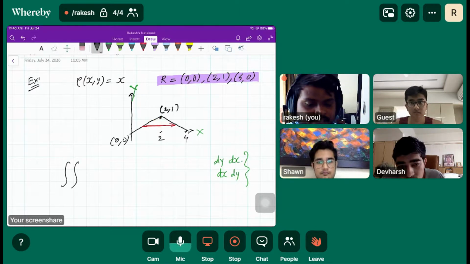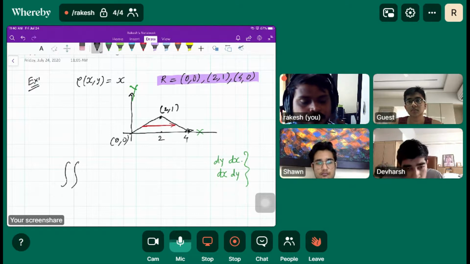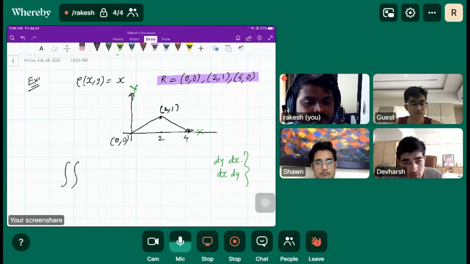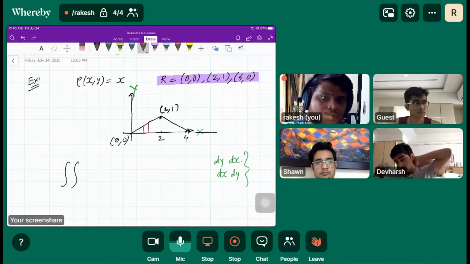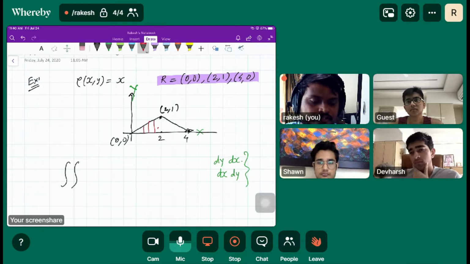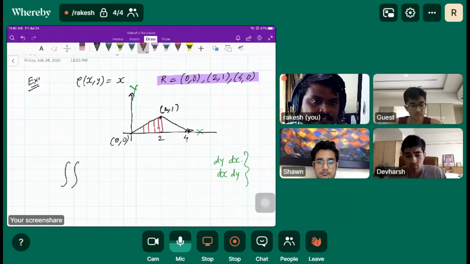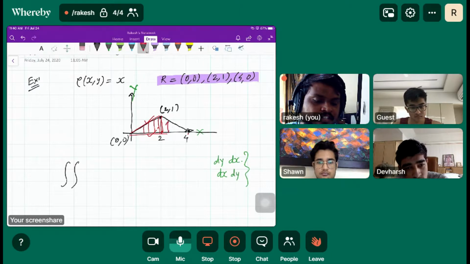Let me repeat. One criterion I've explained: if we go along a direction, the region should be between the same function throughout, it should not switch. But see, this is one line, this is one line, and after some point the function changed, isn't it?